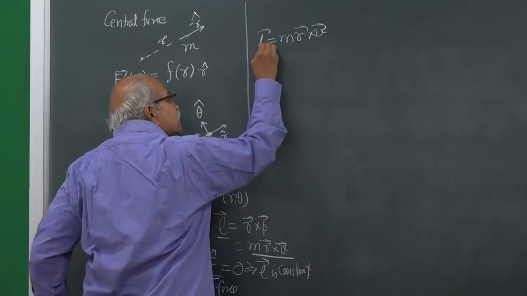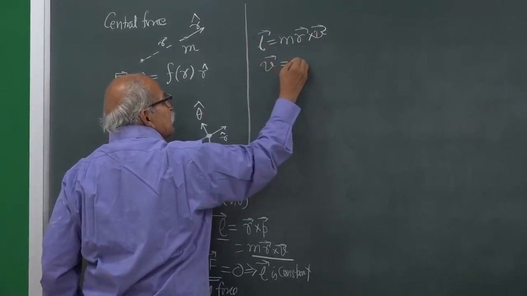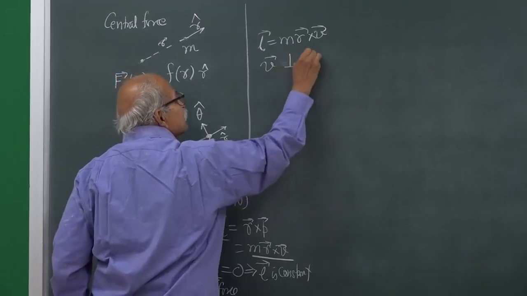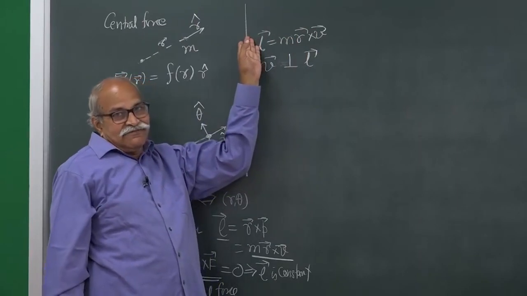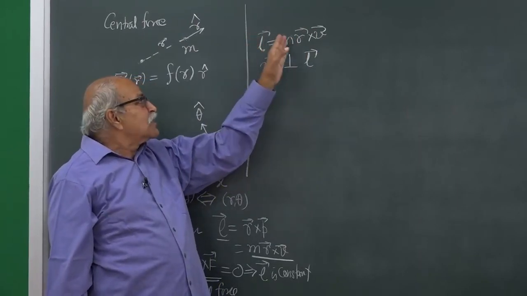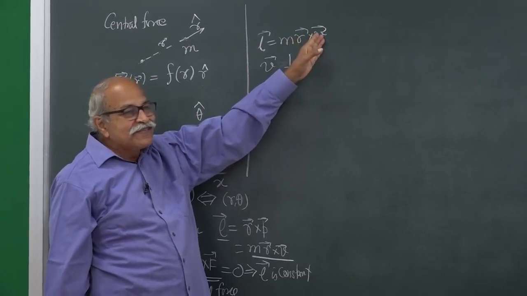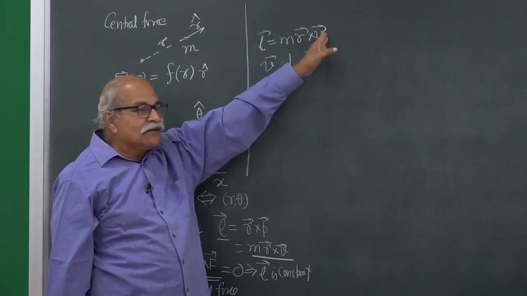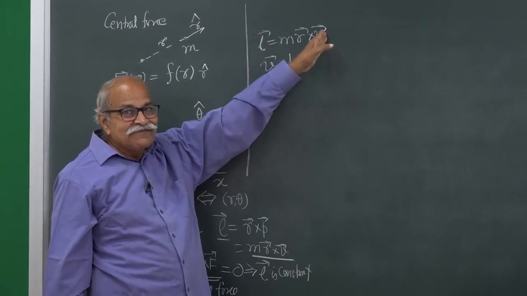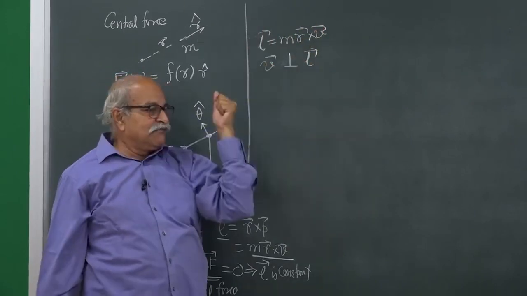This is a constant vector, remember, and v is perpendicular to L, that is how the cross product is defined. The cross product of two vectors is perpendicular to each of these two vectors. So, L is perpendicular to r, L is perpendicular to v. I am interested in the second part: L is perpendicular to v. So, v is perpendicular to L, and L is a fixed vector.